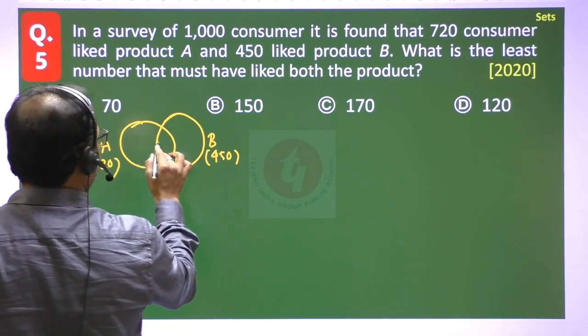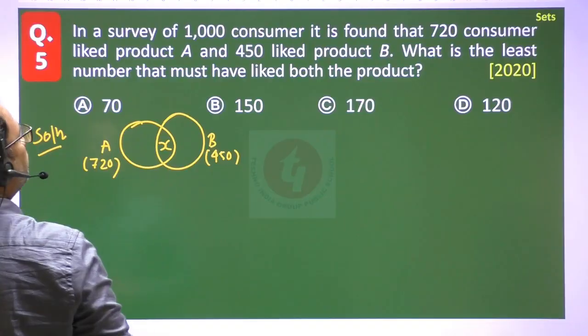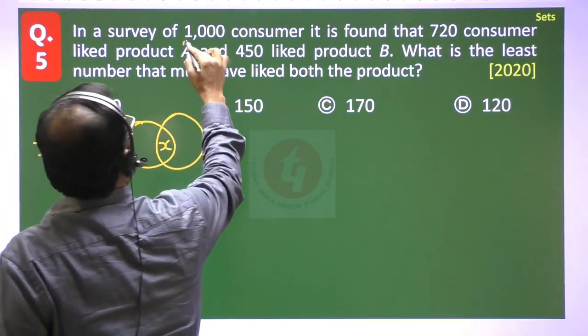So suppose the least number that like both the products is X, and the total number of consumers is 1000.